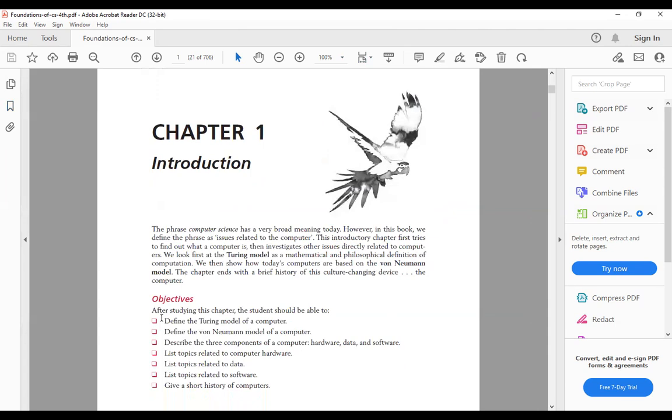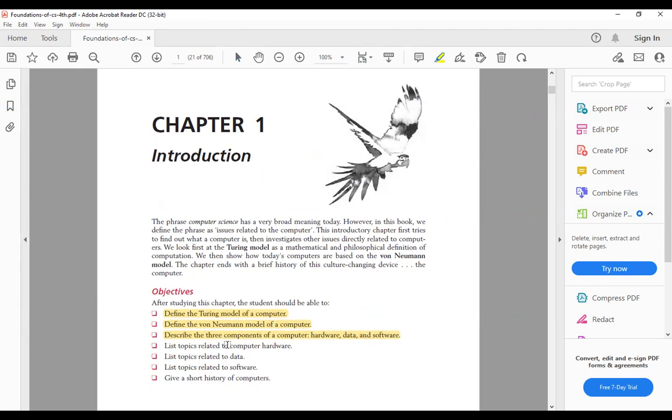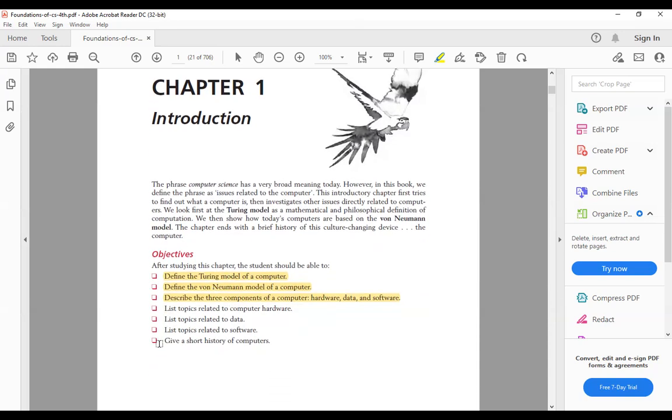In this chapter, we mainly cover the Turing model, the Von Neumann model, and the components of the computer, which are hardware, data, and software, and some topics related to the hardware, software, and so on. But the history is excluded. It's not with us, so we don't need it at the current time.